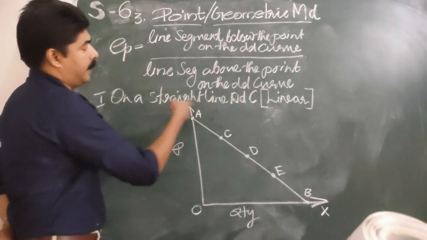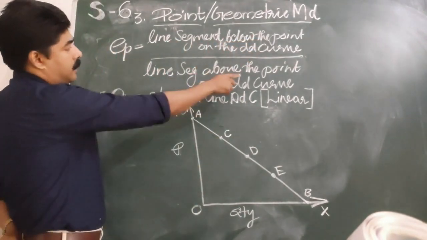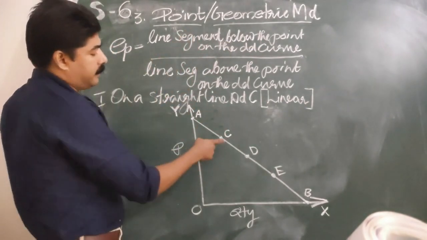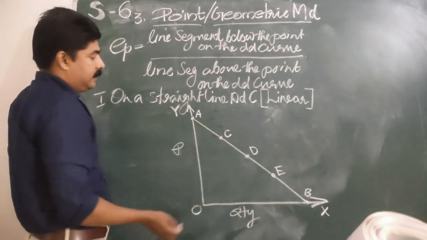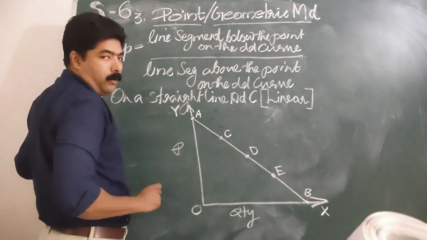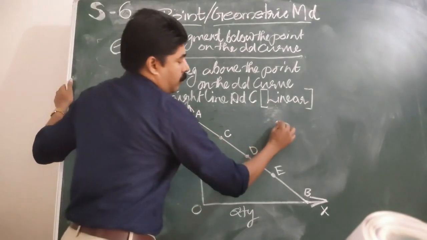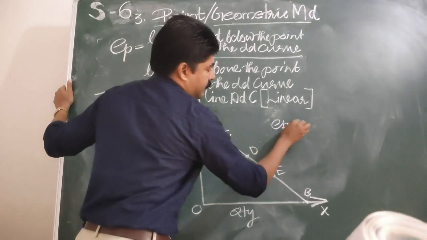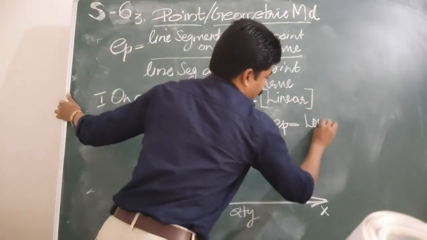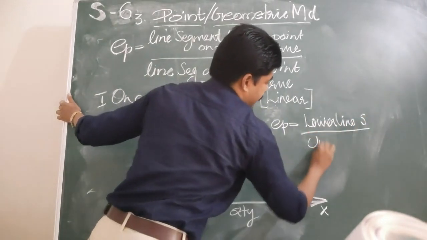On a straight line demand curve, how to calculate? The formula uses the line segment below the point on the demand curve and the line segment above the point. We have 5 points here: A, B, C, D, E. To calculate the price elasticity at each point, we can write a shorter formula: price elasticity at a particular point is equal to the lower line segment upon the upper line segment.